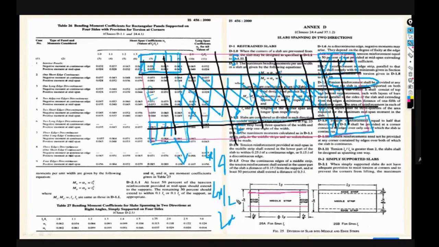So my question is, why are we doing it? Theory or the IS code says we have to provide the torsion reinforcement here, but practically we are not providing it. Any suggestion from your side, why is it so?